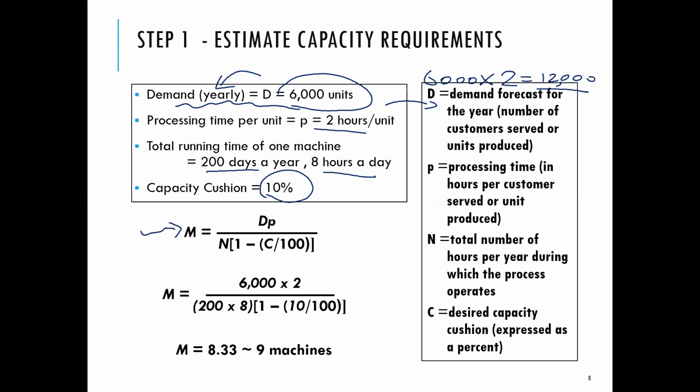And D times P is your number of hours needed to process the entire demand, divided by N, the total number of hours for which the process operates, times the consideration for cushion.